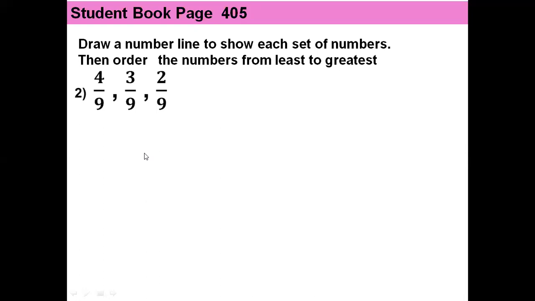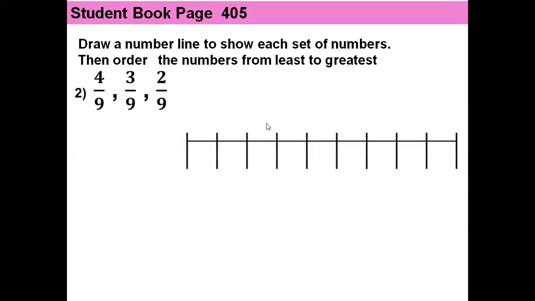Yes. First, we need to draw a line, and we need to divide this line into how many parts, Aus? 9 parts. Okay, why 9? Because the denominator is 9. Great job. So this is the 9 we have.